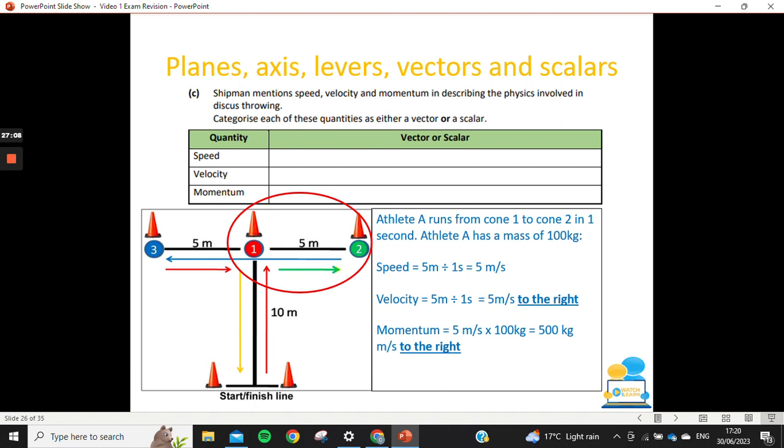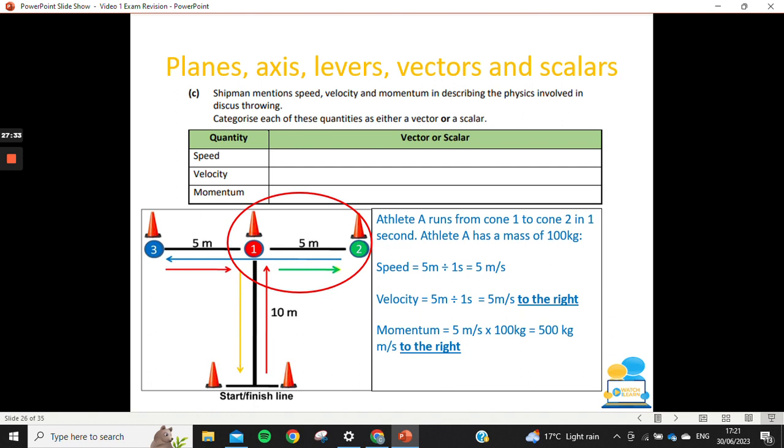The athlete is moving from cone 1 to cone 2, which is in the right direction. So the answer to the question above is that velocity is a vector quantity, as it includes both magnitude but also the direction.